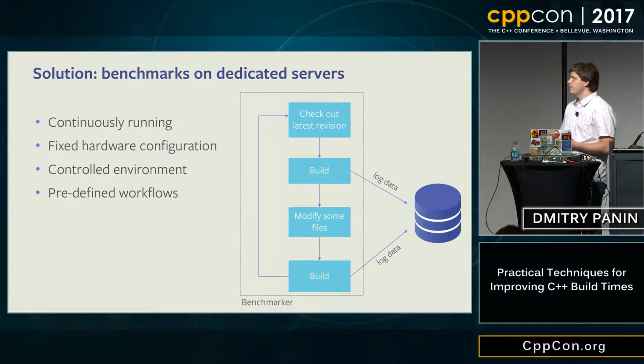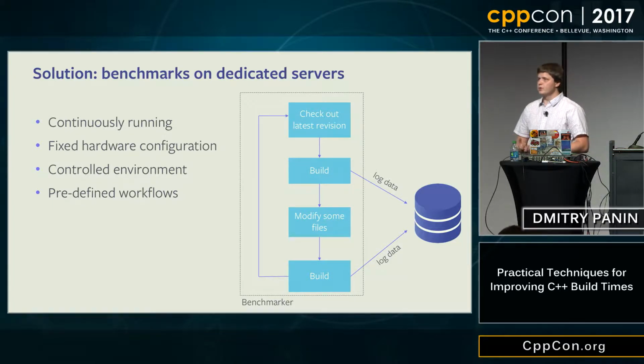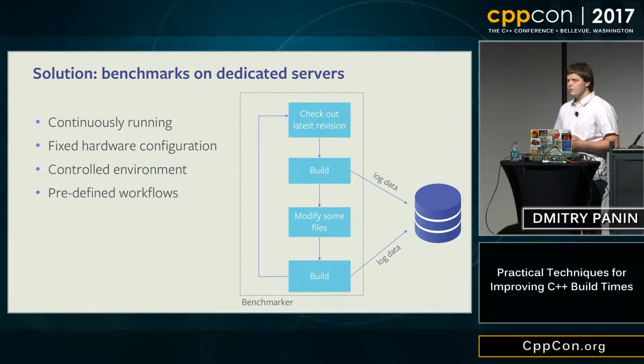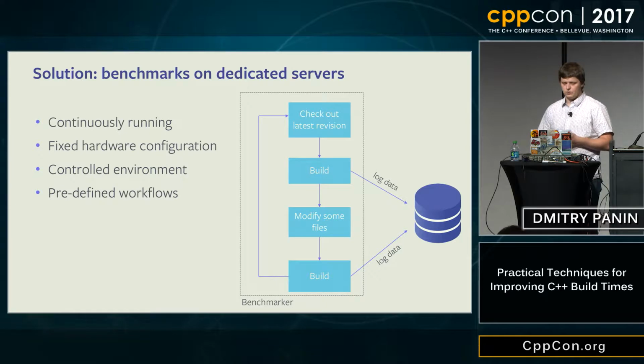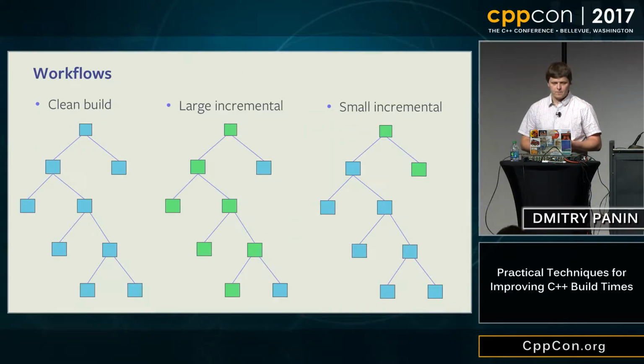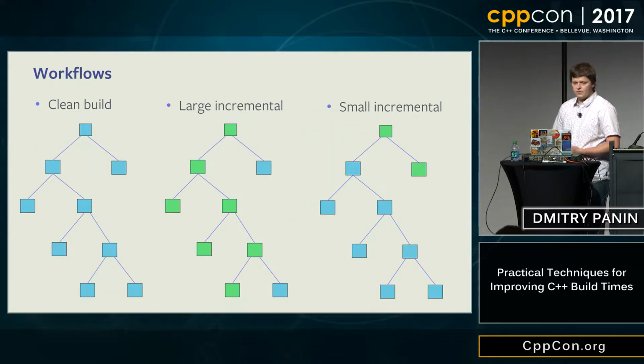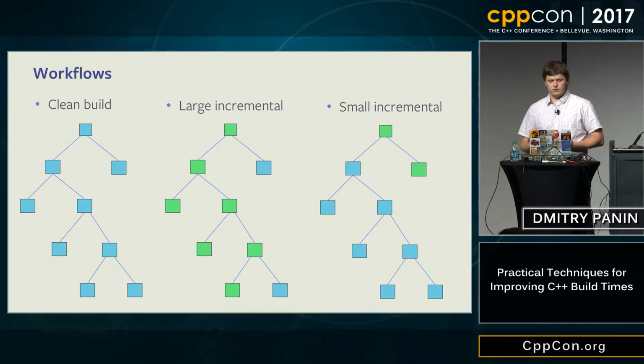We also thought about workflows for engineers. We decided to select some workflows that we think represent what engineers typically do when they work with their code. Let's look at the workflows. We decided there are three different workflows. One is a clean build. You check out a new revision or rebase to the latest version.